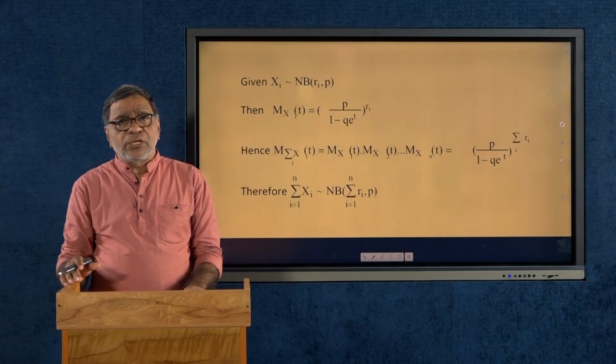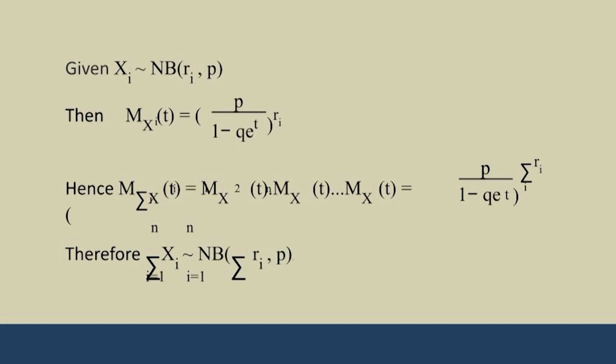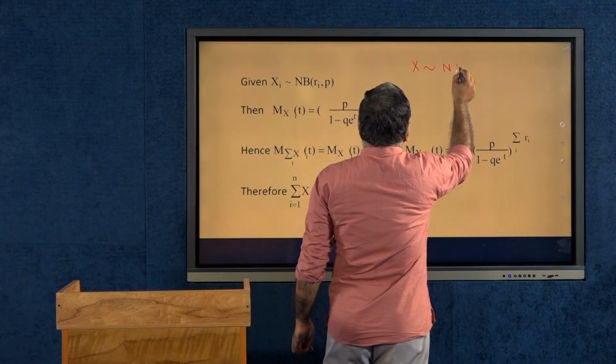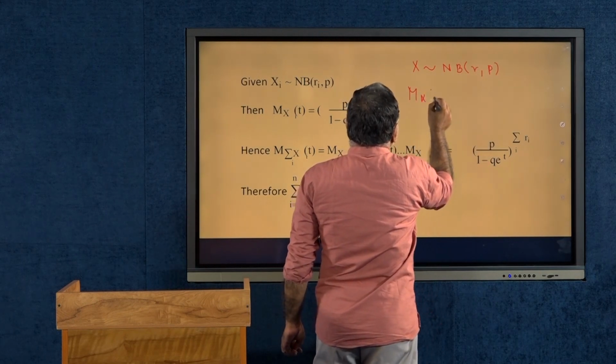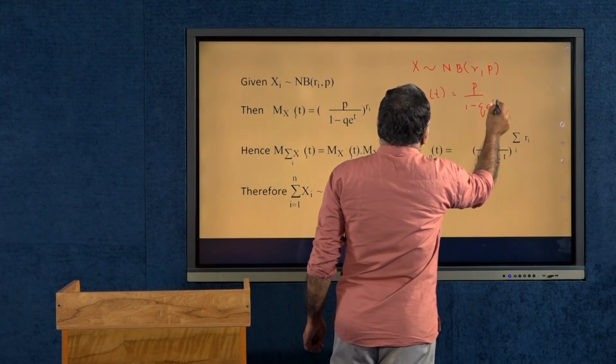To prove this additive property of a distribution, we usually make use of the moment generating function to establish the result. That is, xi follows negative binomial with ri and p, and we already established the moment generating function for the negative binomial random variable with parameters r and p: M x of t is equal to p divided by 1 minus q e power t all power r.